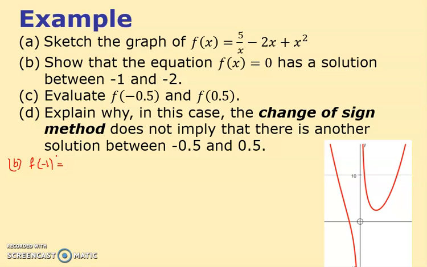So what's my function? It is 5 over x minus 2x plus x squared. So again, it's not an obvious graph that you tend to know. It says show that it's in between minus 1 and minus 2. So I'm going to start at negative 2, and go up to negative 1 with a step of 1.